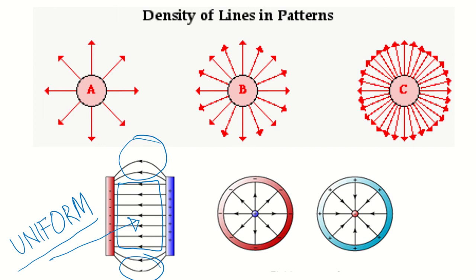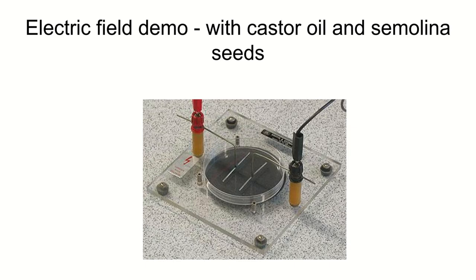So how could we get the experimental evidence of the presence of the electric field lines? For that, we use an experiment that is called the semolina experiment.